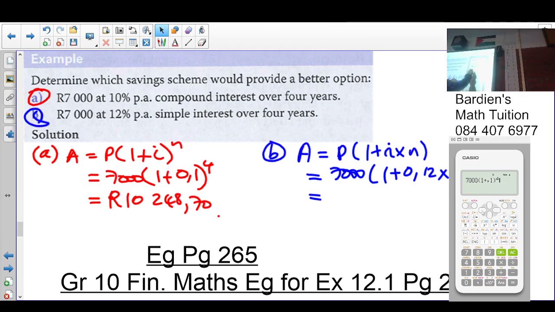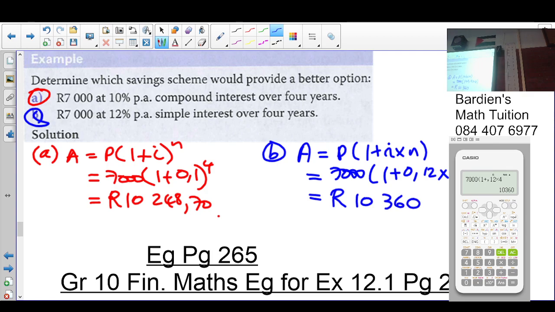Okay, so 7,000 into 1 plus 0.12 times 4 gives you 10,360. So which one is better? Therefore, the simple interest is better.